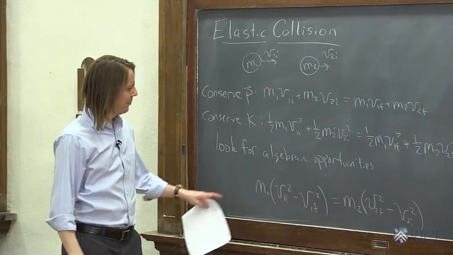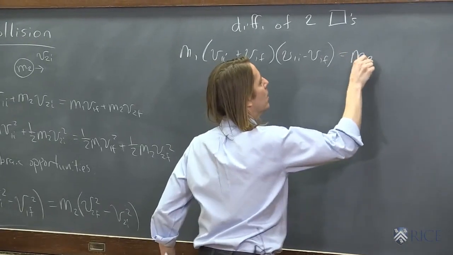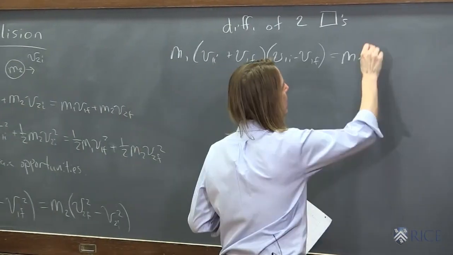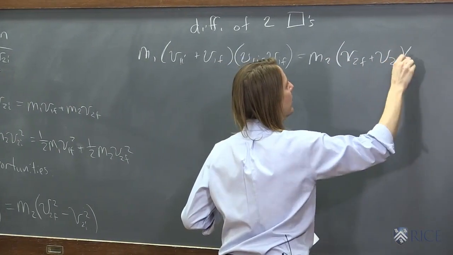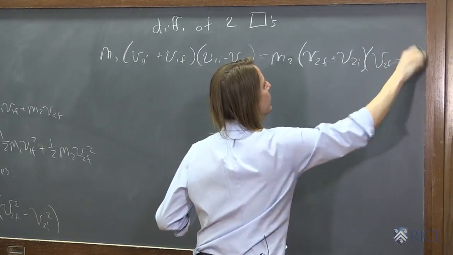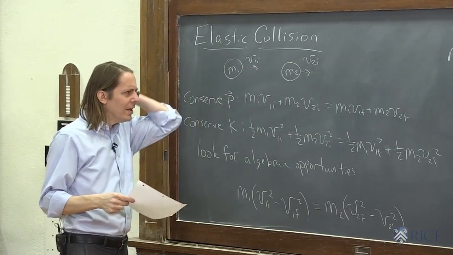I'm not upset. And then this equals M2 times V2 final plus V2 initial times V2 final minus V2 initial. All right, we just applied our difference of two squares.